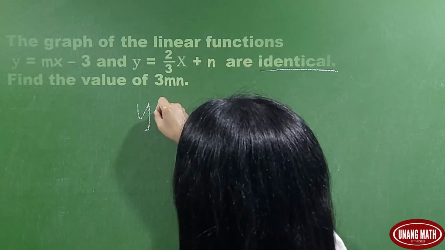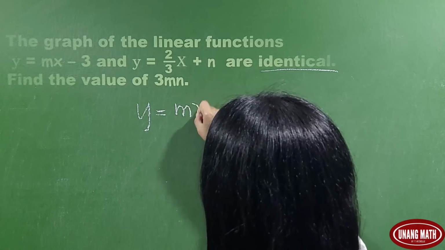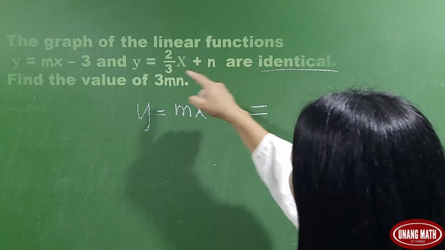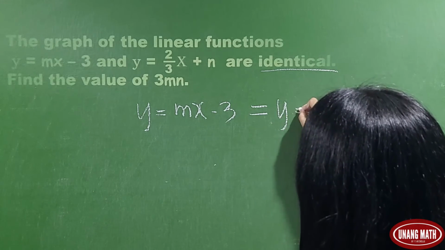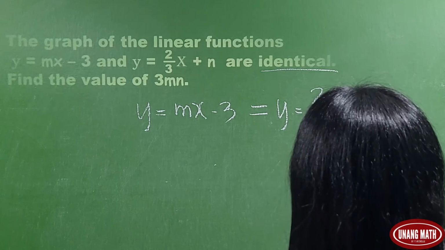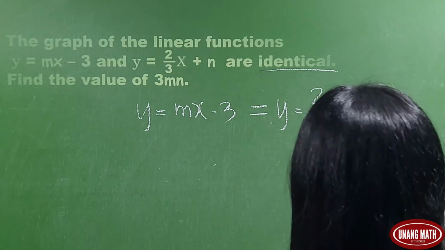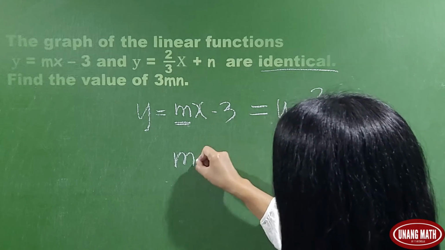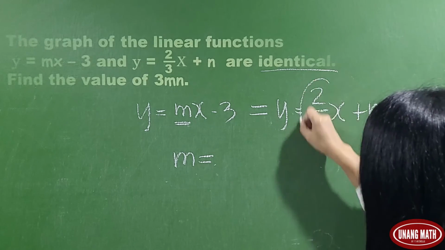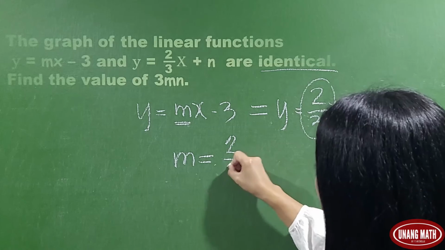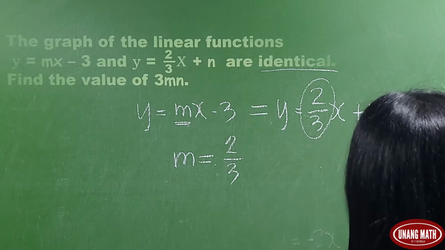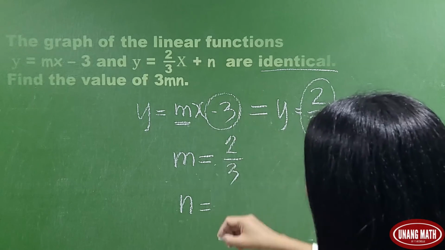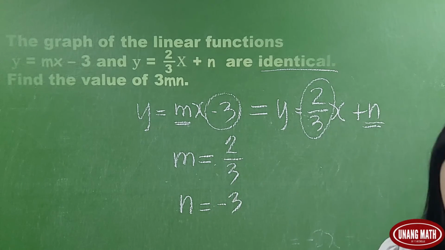So let's write y is equal to mx minus 3, equal to y is equal to 2/3 x plus n. So it means m is equal to 2/3. What about n? n is equal to negative 3.